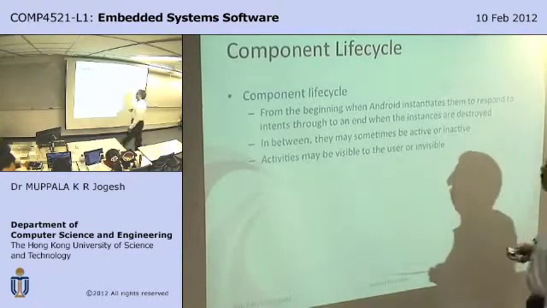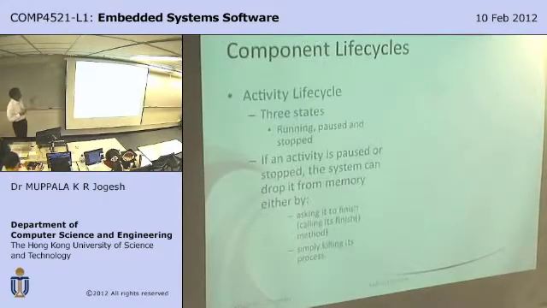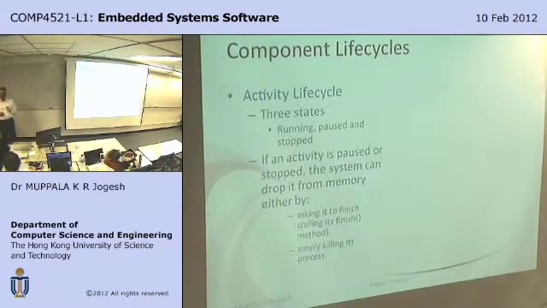This is what is reflected by the component life cycle. As we will see, this is important to understand because you need to handle each one of these life cycle changes within your application.